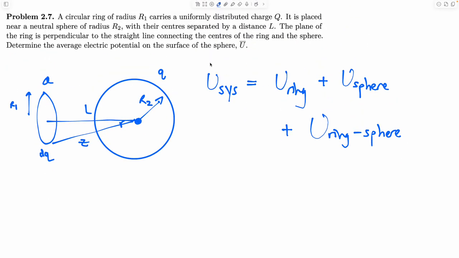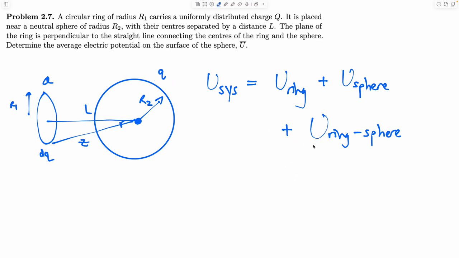Once you realize this is always true, let's think about the difference between this case where Q is non-zero versus Q equals 0. We're trying to find average electric potential. Average electric potential is due to the ring. It will not change whether or not there is Q, as long as we are considering the ring-sphere interaction. So the average potential on the sphere is not affected by whether or not Q changes, if we are considering the third interaction.